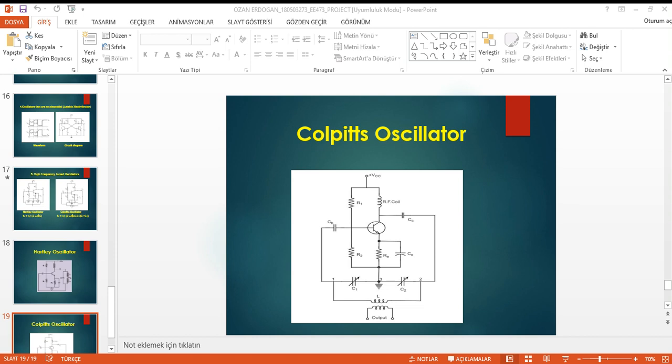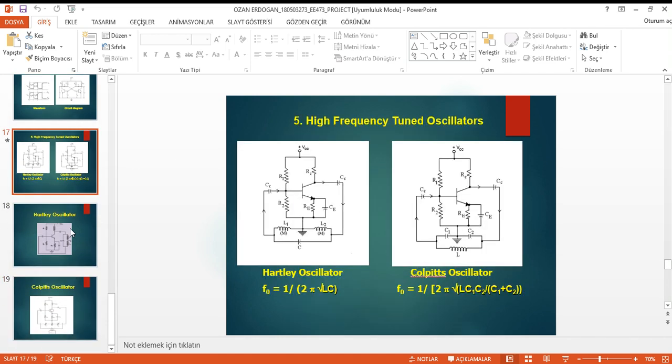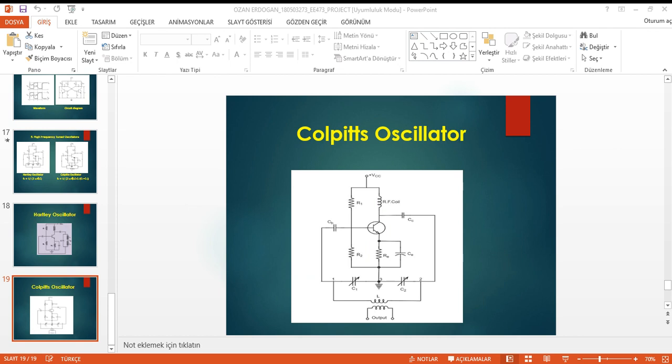Tank circuit: the frequency determining network is a parallel resonant circuit which consists of variable capacitors C1 and C2 along with an inductor L. The junction of C1 and C2 is grounded.